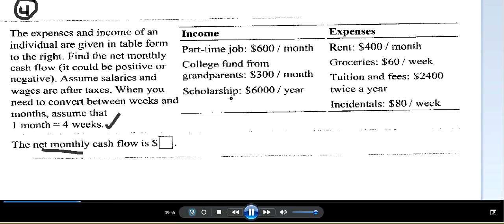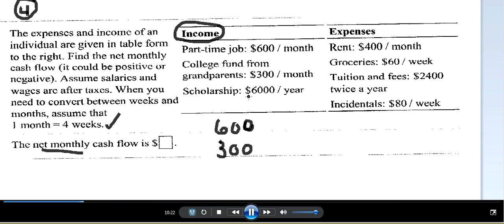Alright, let's see if I can do it this way here. So I've got income here. For income, we get $600 a month, so it's already in monthly cash flow. Convert everything to months if we have to. The college fund from grandparents, $300 a month. That's nice, $300 a month from grandma.